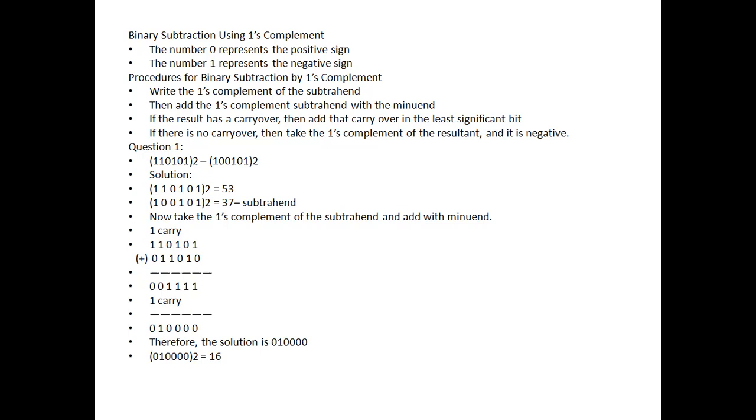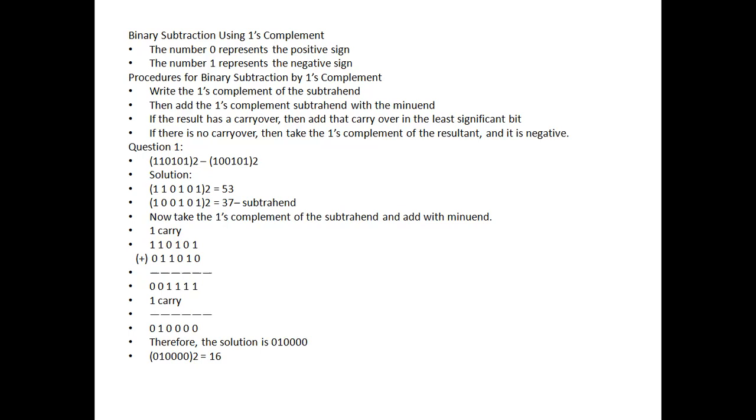If the result generates a carry, add the carry to the least significant bit. If no carry is generated, then the one's complement of the result is the final one, and it is negative.